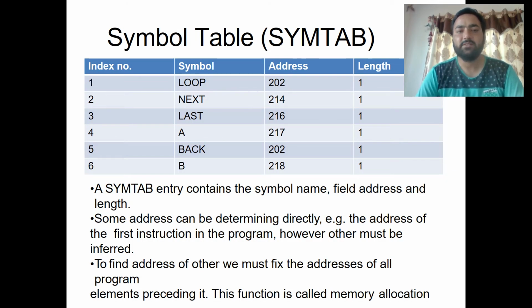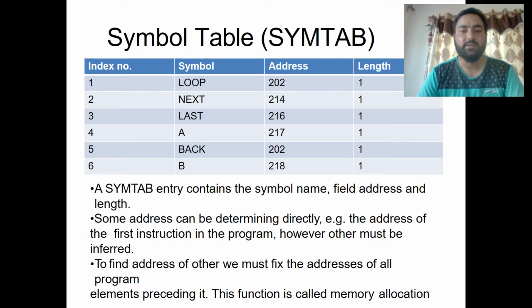Then the symbol table, which contains the index number, the symbol that is used in the program, its address location where it is stored, and then the length of the symbol that is stored. So in this you can see some addresses can be determined directly, that means the address of the first instruction in the program, others must be inferred.